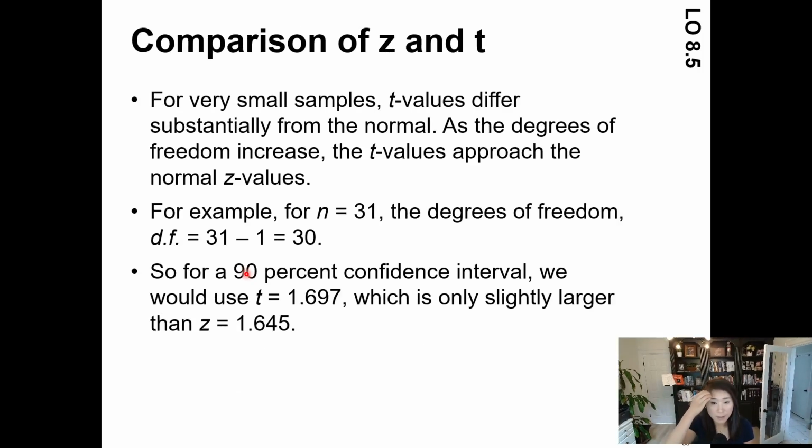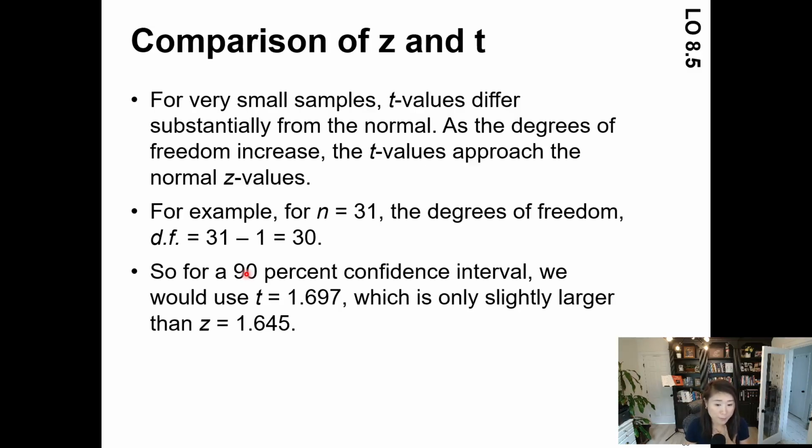Okay, as I said, Z and t will approach each other when the sample size is large enough. For a small sample size, the t value will be very different from the z value. For instance, n equal to 31 gives a degree of freedom equal to 30.